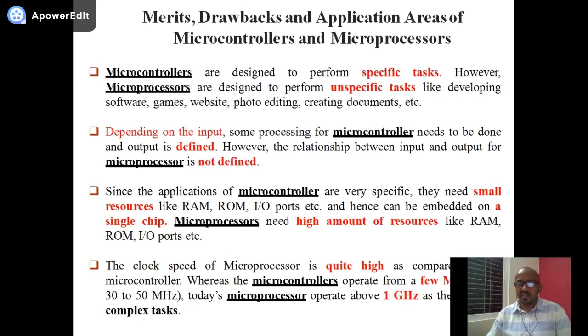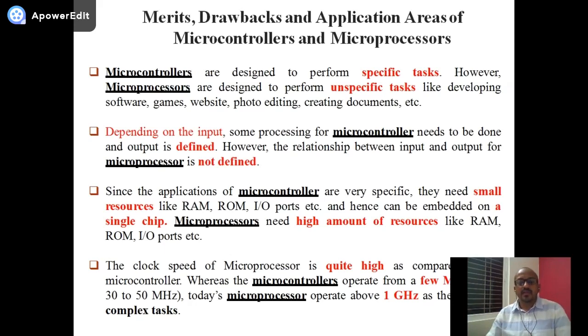RAM is usually data memory. And the same definition we modify a little bit: the microprocessor is for unspecific tasks, or we can call it general purpose.